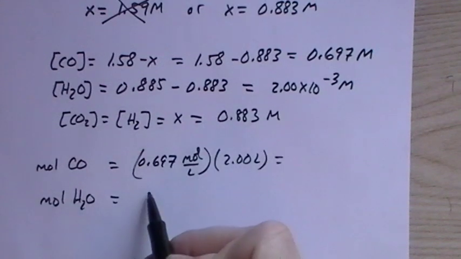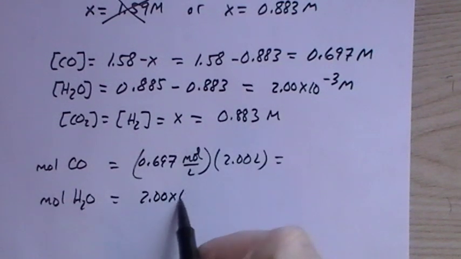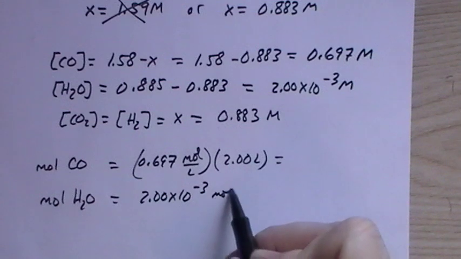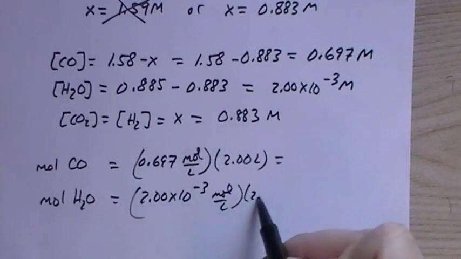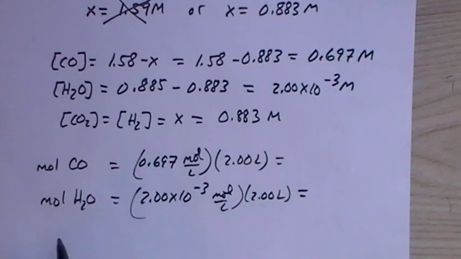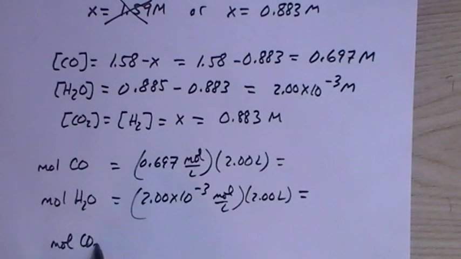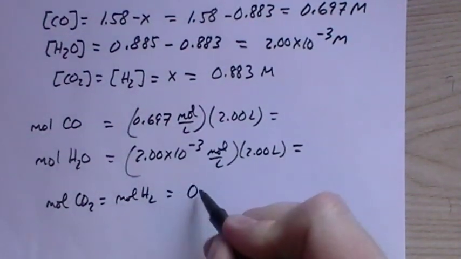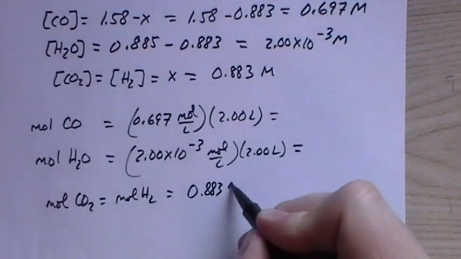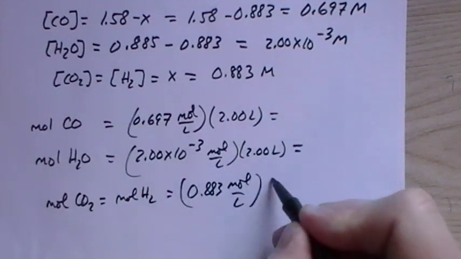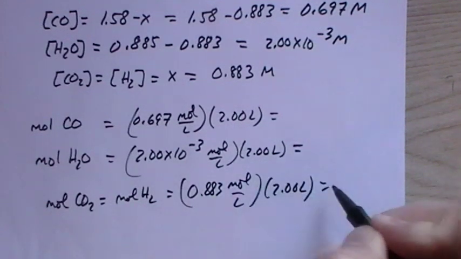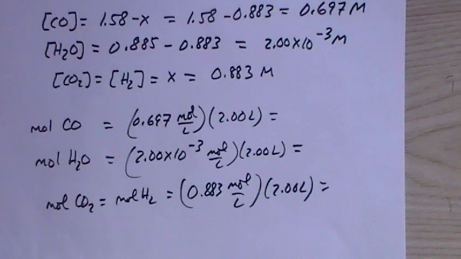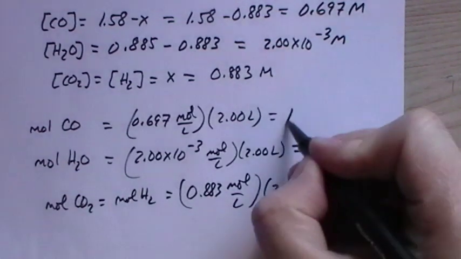So this is going to be 2 times 10 to the minus 3 moles per liter times 2 liters, and then moles of CO will equal moles of hydrogen, and that's 0.883 moles per liter times 2. So the next one we only do the concentrations, but it's good to be able to go that extra step if necessary.